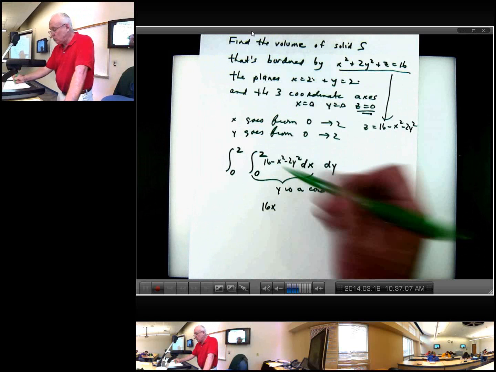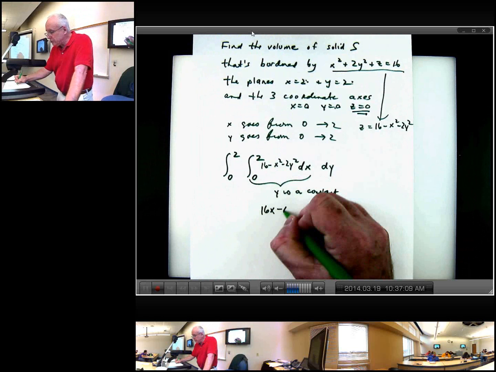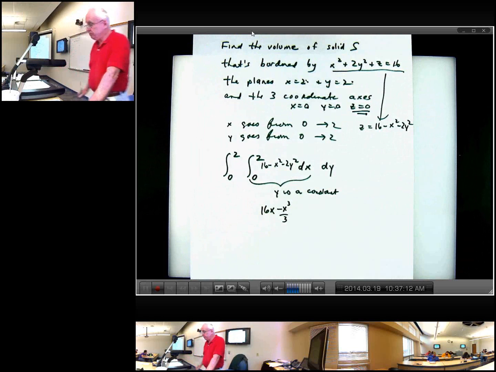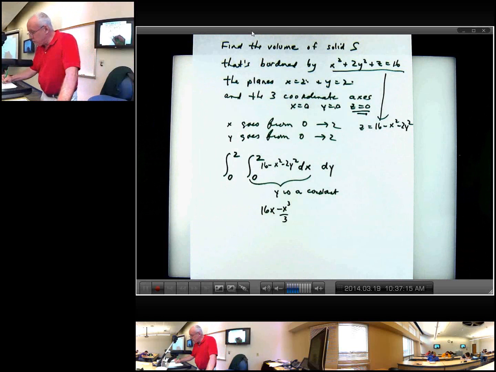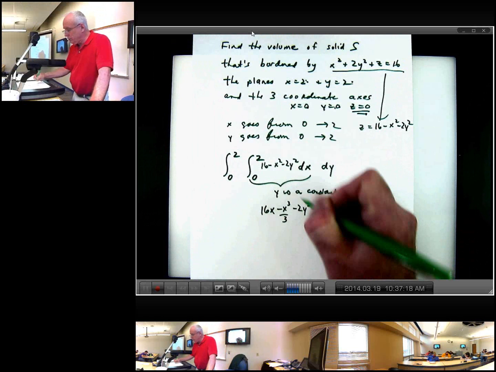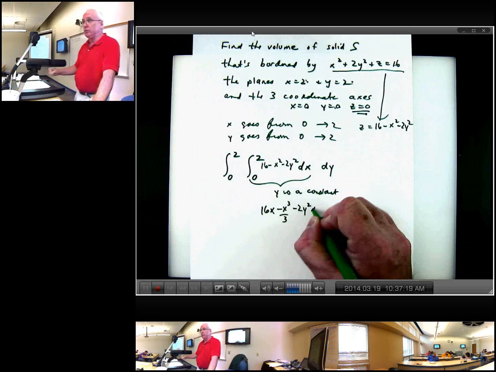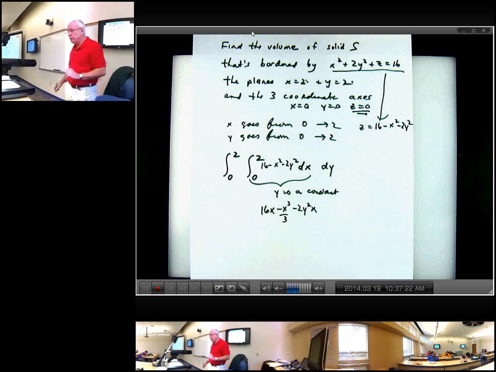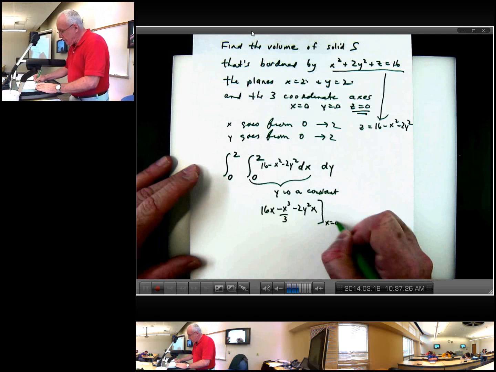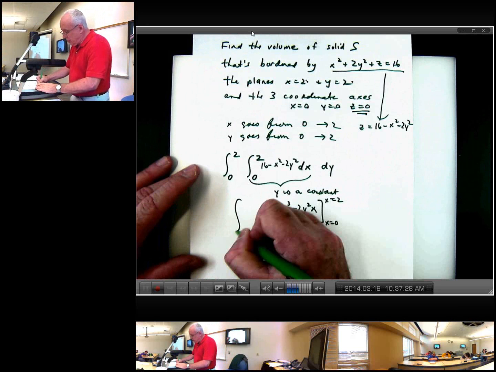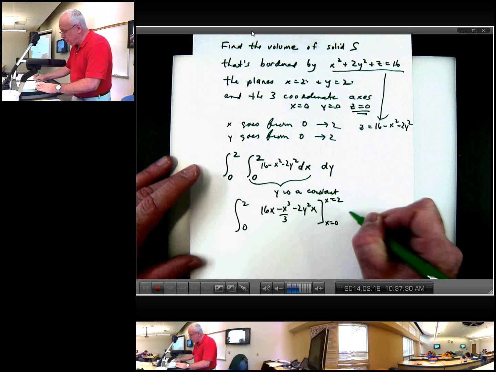Minus x squared gives minus x to the third over 3. And minus 2y squared gives minus 2y squared times x, just adding on an x there. My limits are x equals 0 to x equals 2, and my outer is 0 to 2 dy.